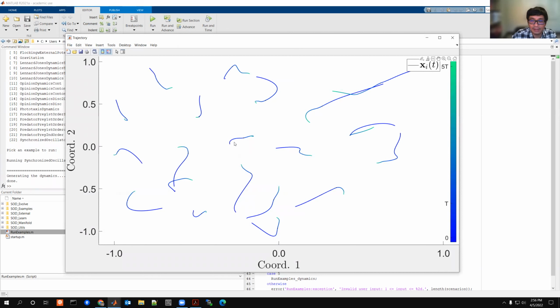When these fireflies flock in the spatial space, their phases, which is the frequency at which they emit light, would also lock in sync. Because here it is only showing the trajectories, if I also show you a movie, you can see the lights of them emitting on and off. Eventually all of them will flock and emit in sync.